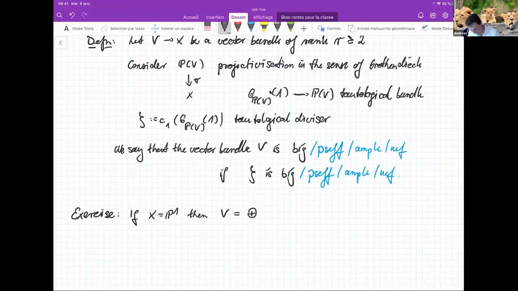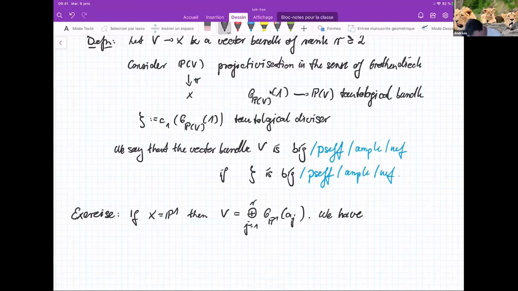This is somehow the easiest situation which you can have for a vector bundle. It's a direct sum of line bundles. And now I can characterize my positivity properties in terms of these line bundles. So we have the following thing.